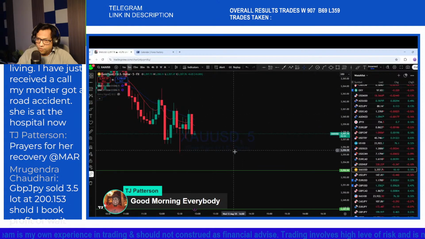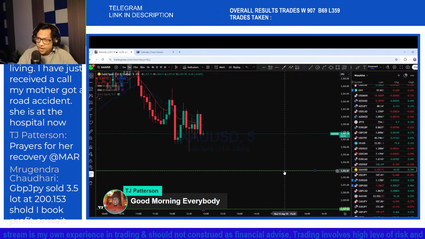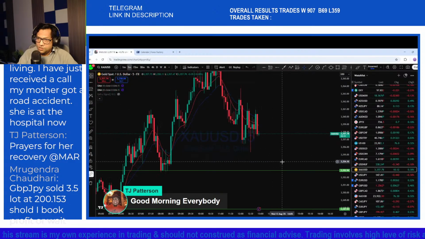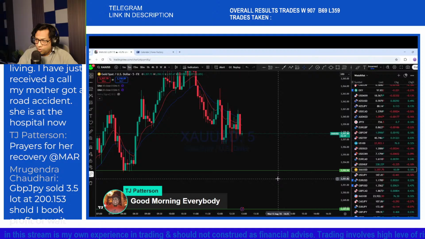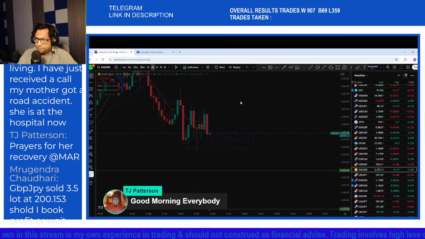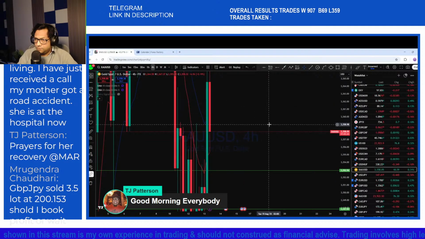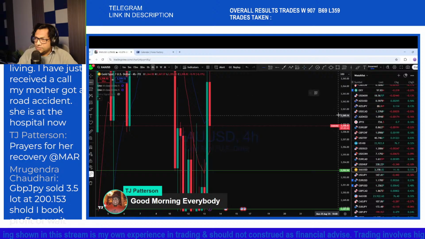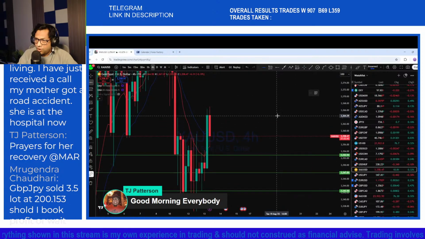You can see it's forming a series of lower highs here, and with the 1 hour candle close, expecting it to drop back to this order block. This is current session's high on the 4 hour.